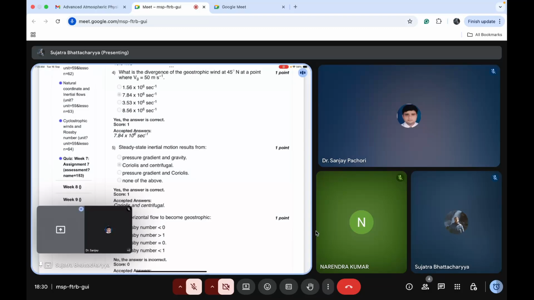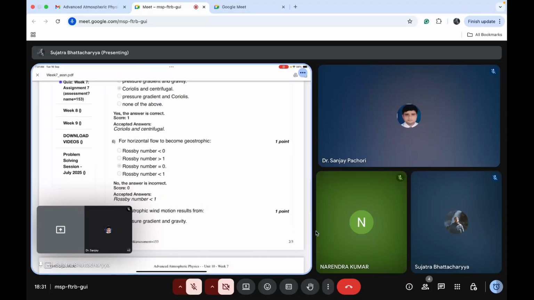So your Coriolis force is a pseudo force, inertial force, and centrifugal force is also another pseudo force. And these pseudo forces are sometimes called the inertial forces. These two balance to give you the inertial motion. This is fine. For horizontal flow to become geostrophic, what should be the Rossby number?